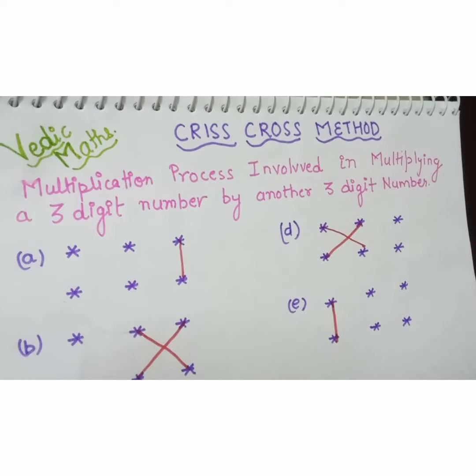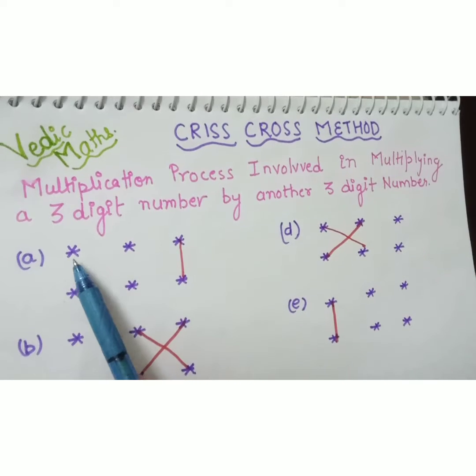As the rule, it also follows the I cross I method, but there are 5 steps. I will first explain the steps, and with the help of examples I will explain this method. So be attentive to the concept.